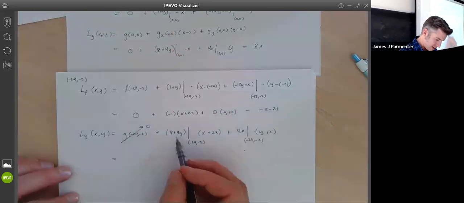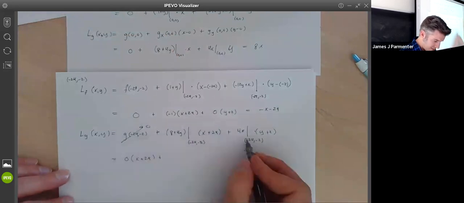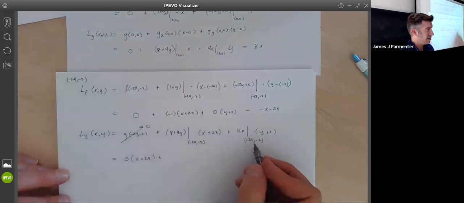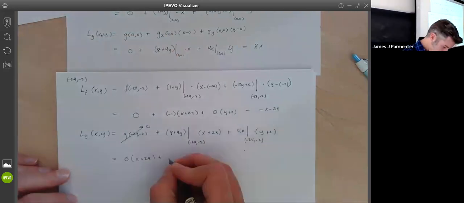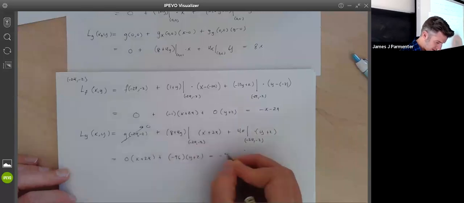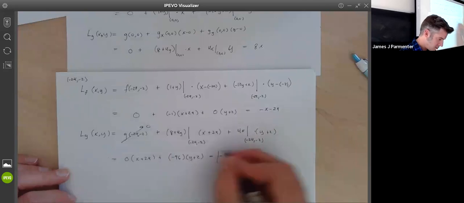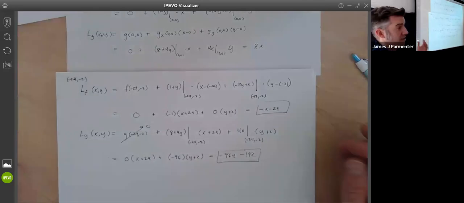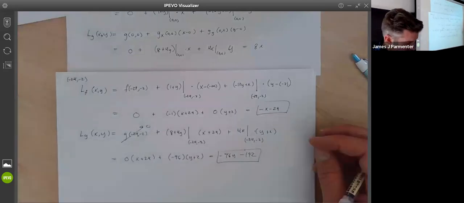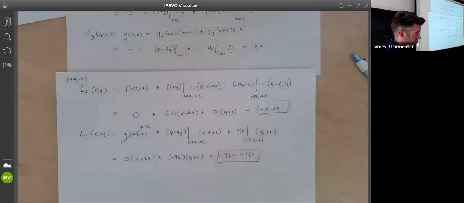So we end up getting 8 minus 8 is 0 times x plus 24, plus 4 times -24 is -48, times 2 is -96, times y plus 2. So we get -96y minus 192. That would be the linearization of this particular system of differential equations near that point.